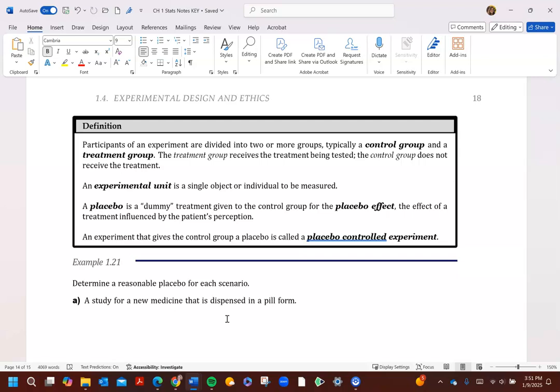And if there's a placebo, it might be double blind, where the subject, the experimental unit, the person being studied, is not aware which one they have, the real one or the placebo. And in double blind, the researcher doesn't know either, because they could influence without even realizing it. So it's good to keep it all under wraps to have a good study.